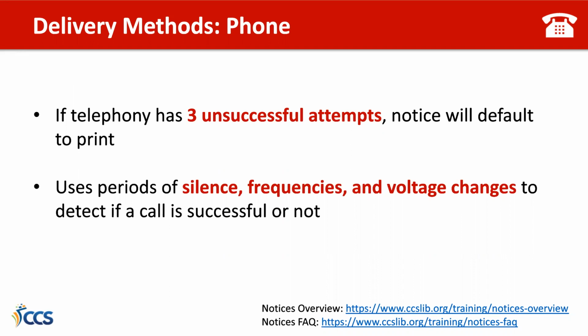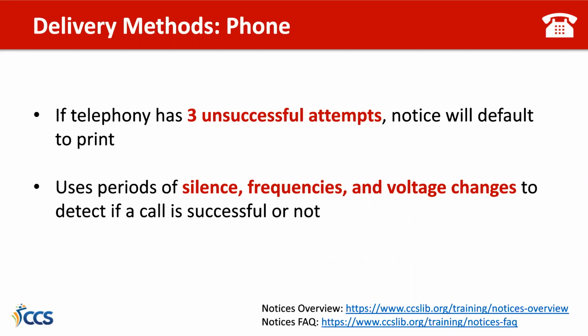And when telephony delivers a message, it also records what happens with the call. So you've likely seen reports or a notice history where it says things like call completed, voice, or hang up detected. And here's how it determines what happens during the call. Since there aren't any standards between what all the different types of services and phones do, right? So no standard length of voicemail intro, no standard voicemail beep to signal it's time to leave a message.